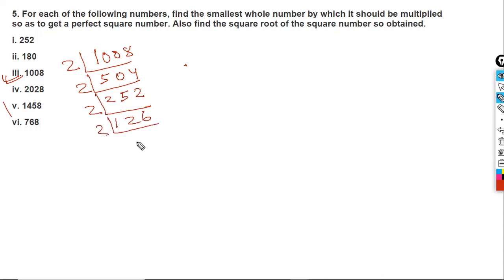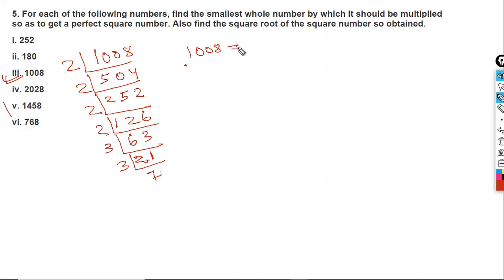Again 2 6s are 12, 2 3s are 6. Now 2 cannot divide 63, so we will try with 3. 3 2s are 6, 3 1s are 3. Again 3, it will be 7, 3 7s are 21.